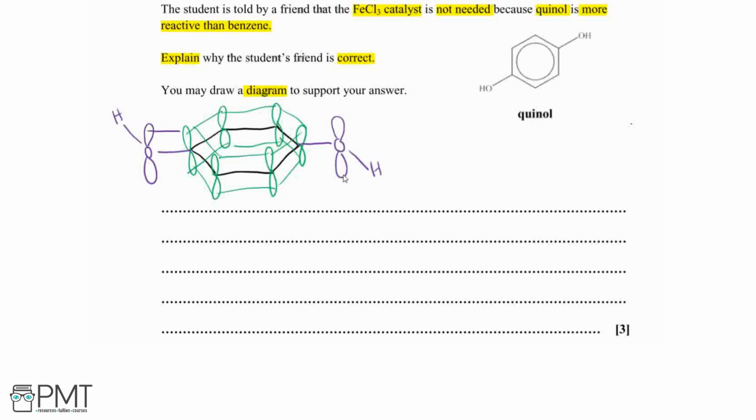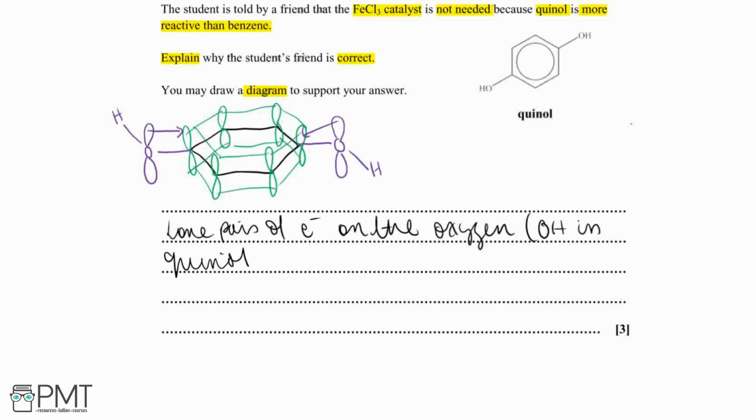Therefore, we're going to get some partial delocalization into that ring. So we're adding more electron density into the ring overall. So let's write these bits down to start off. So we've got lone pairs of electrons on the oxygen, and these are from the OH in quinol, and these are going to partially delocalize into the ring overall.